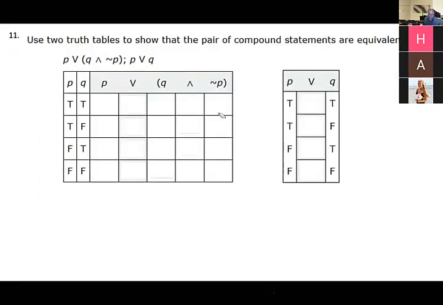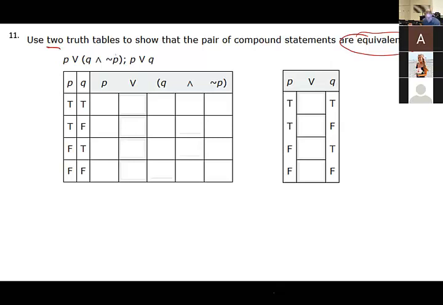Oh, okay. 11 says to take these two truth tables and show that they're equivalent. Now, anytime someone asks you to show two things are equivalent, unless you've got some additional knowledge, and we have learned some things about certain statements to figure out they're equivalent right away, but unless you have that specialized knowledge, the standard way of showing that two statements are equivalent is to do the truth table for both of them.